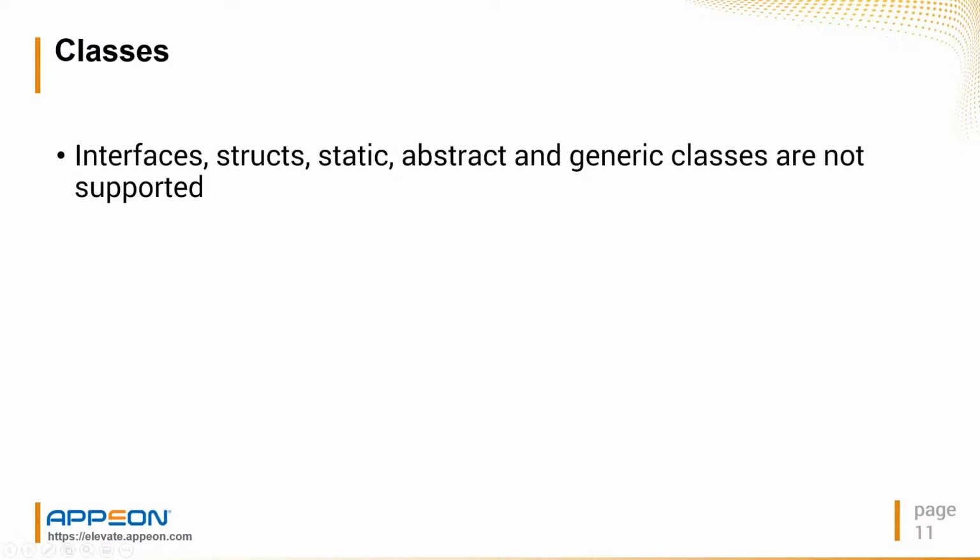So interfaces, structs, static classes, abstract classes, and generic classes aren't supported. What you'll see when you run the assembly importer is that it will show you what methods and what properties and what objects and what classes it can support, and I'll show you which ones it can't support. So that may become a limiting factor.